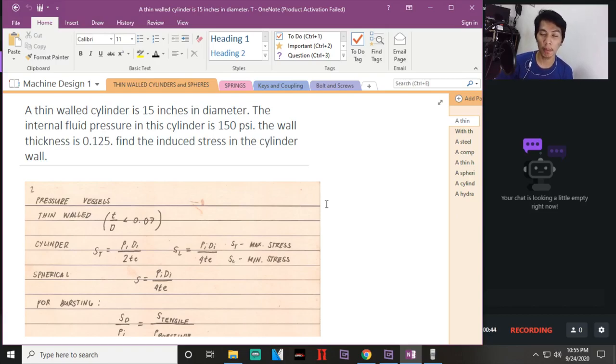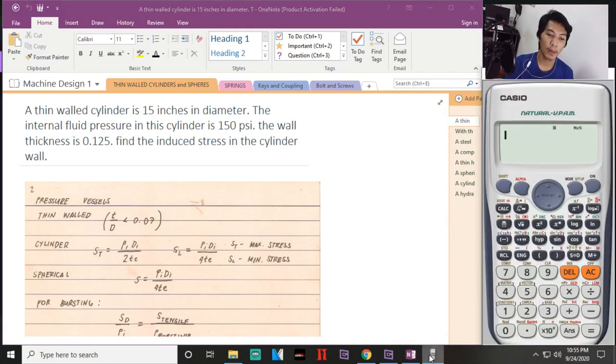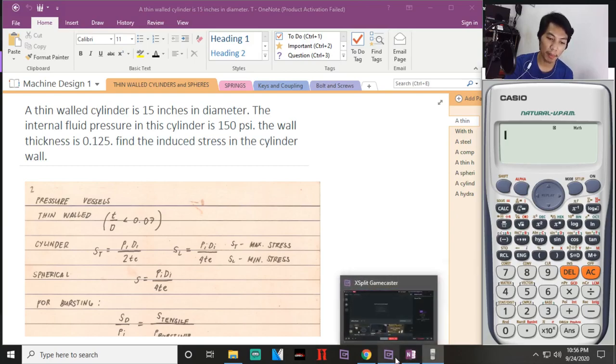So, ako, what I did is to make it short para madali nyo tandaan. Okay? And the notes for this will be available after nung video. Okay. I have made a PDF copy nung summarized formula ng ating buong topic.